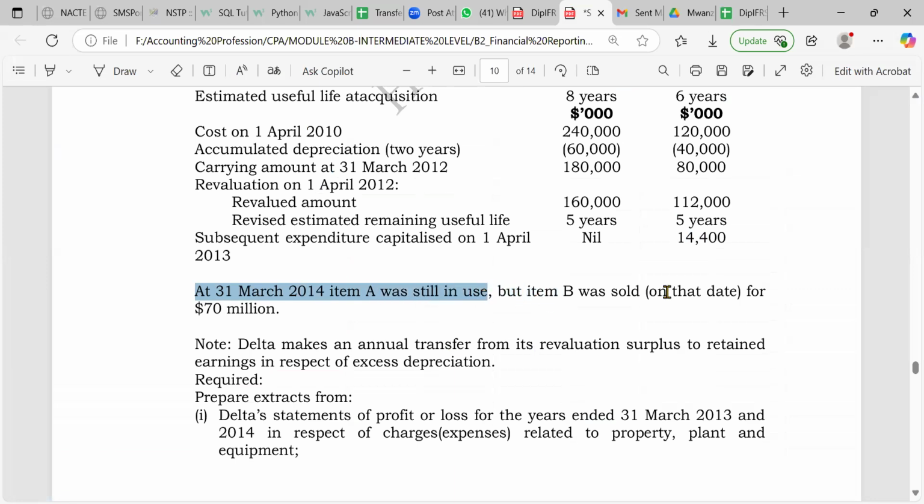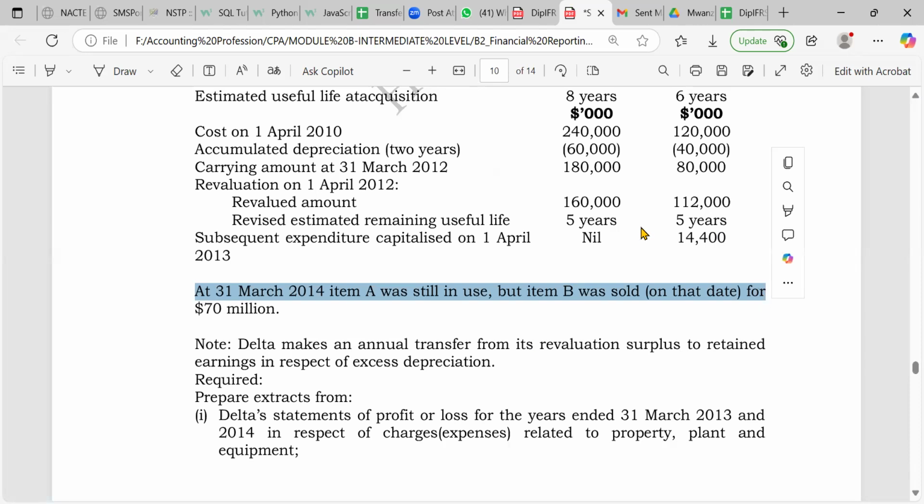But item B was sold on that date for how much? Actually, it's 70 million. I struggled because I wrote 70,000 and thought, okay, it's not possible. The selling price is 70 million.